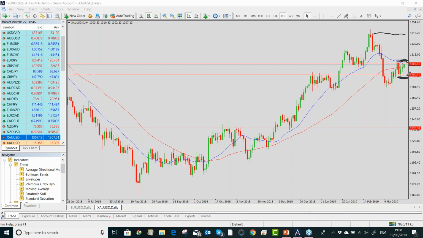And then we need to work out our position size based on 100 pips being 1%, for example, of our account.